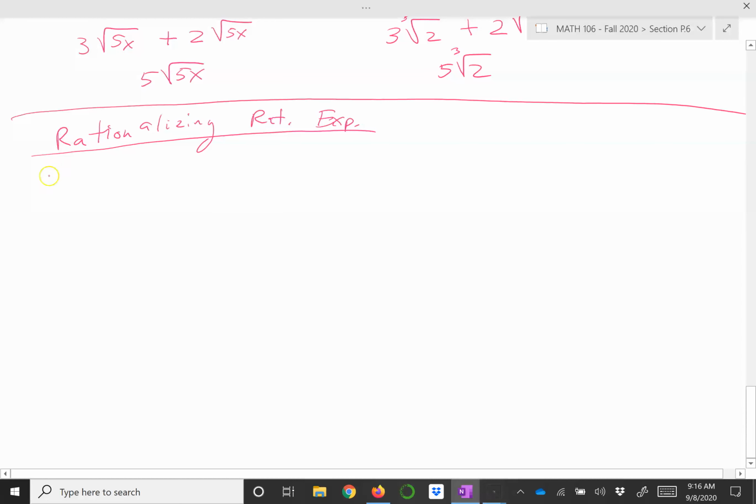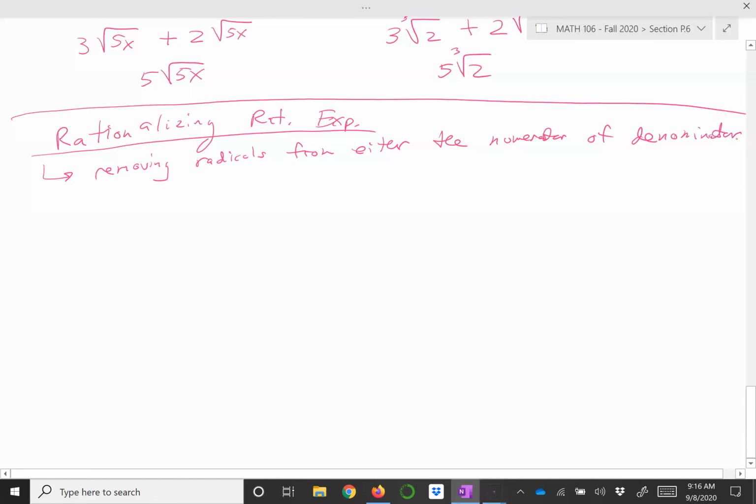Okay, what does this mean? Well, this just means removing radicals from either the numerator or denominator.